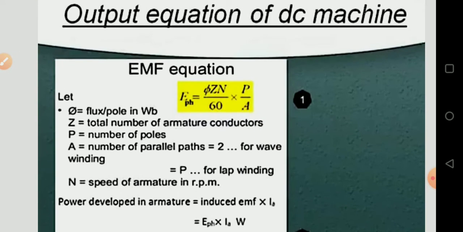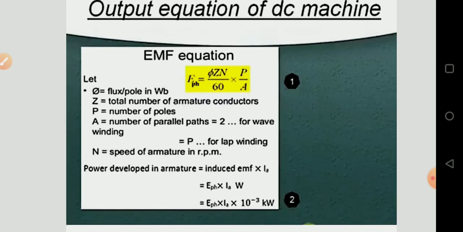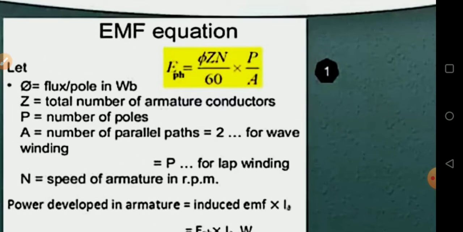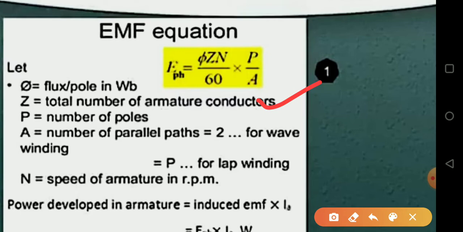Now the output equation of the DC machine. We know that the EMF equation for the DC machine is EPH equal to phi Z N upon 60 into P over A. Here phi is the flux per pole in Weber, Z is the total number of armature conductors, P is the number of poles, and A is the number of parallel paths, which is 2 for wave winding and A equal to P for lap winding.